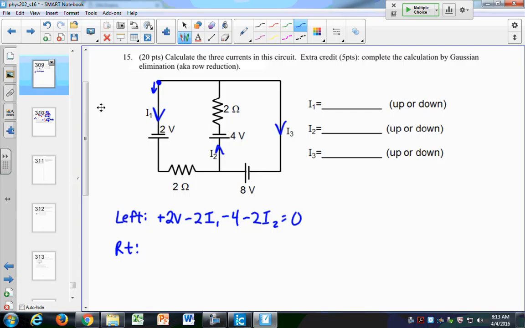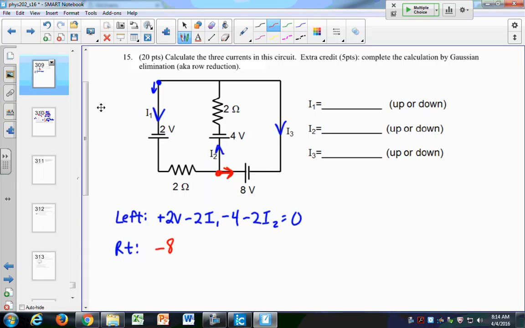I'm going to let you do this on your own, but let's do the right loop together, but we'll say start here and go in this direction. So starting at this junction and going in this direction, write the equation for the right loop. I'll give you about 20 seconds head start. All right, so plus or minus 8?